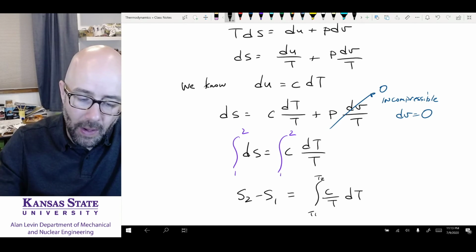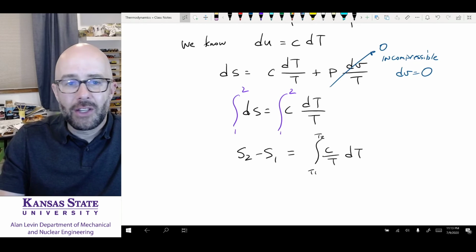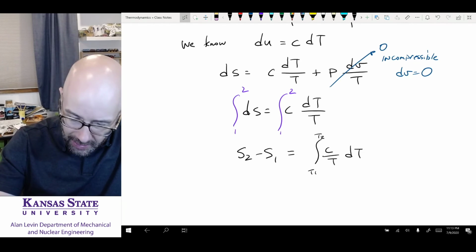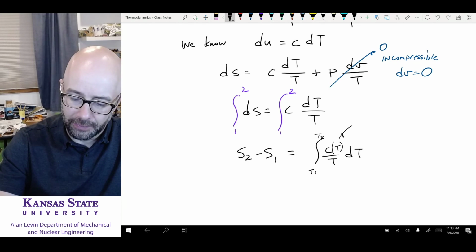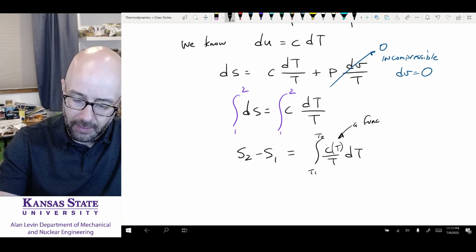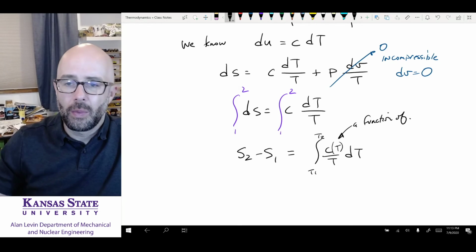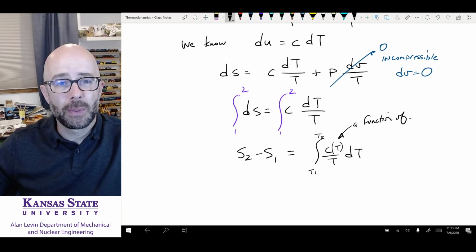And we know that specific heat does change with temperature. This here is a function of temperature. So we'd have to know something about how the specific heat changed with temperature.